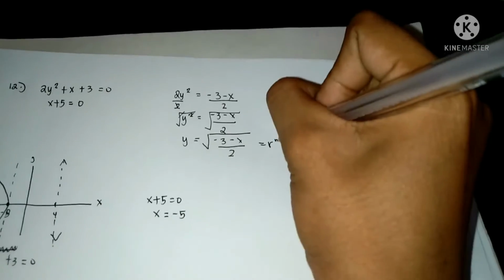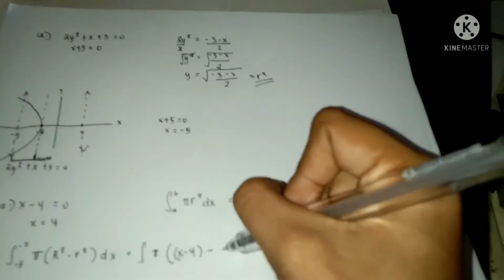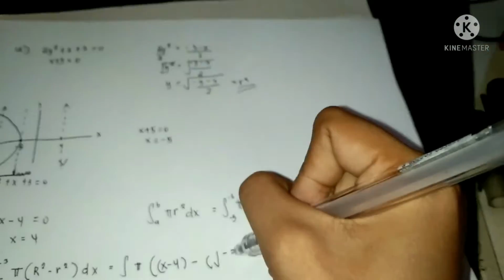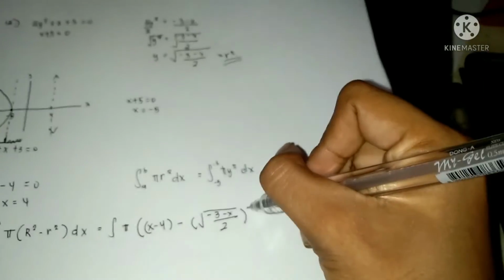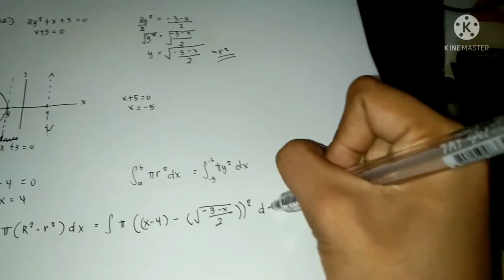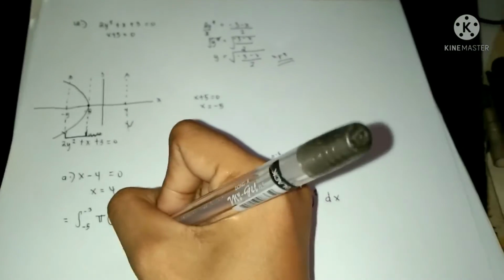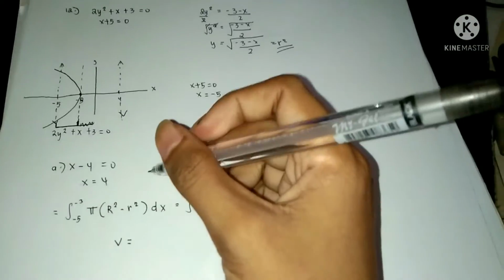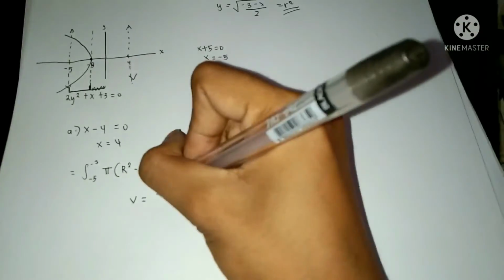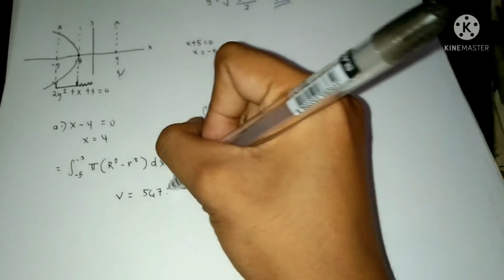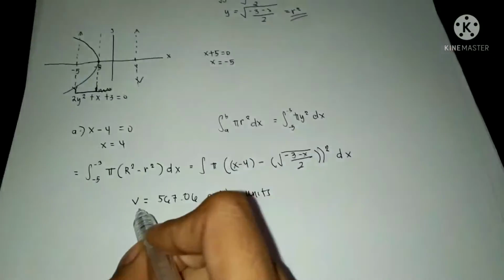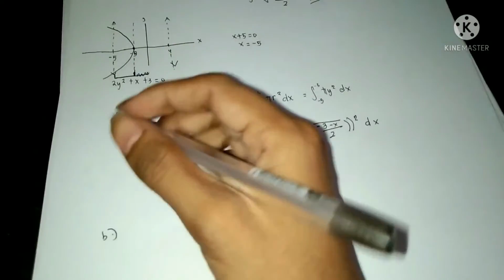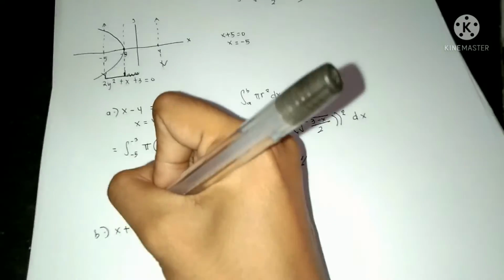Ito yung magiging value ng ating r squared, the square root of negative 3 minus x over 2, dx. So, it is equal to 567.06 cubic units.